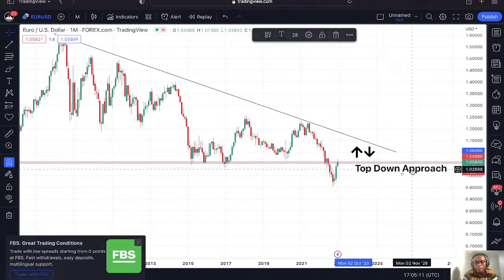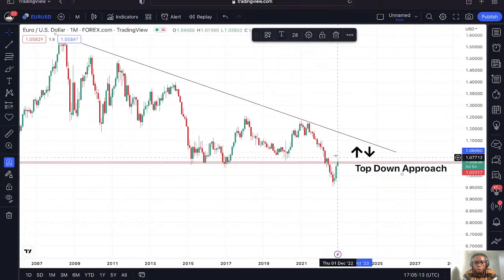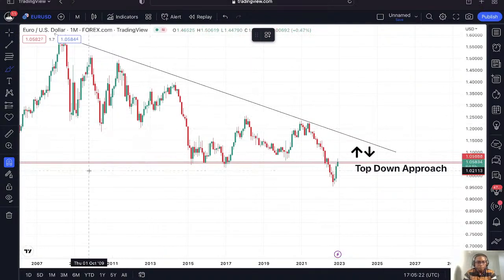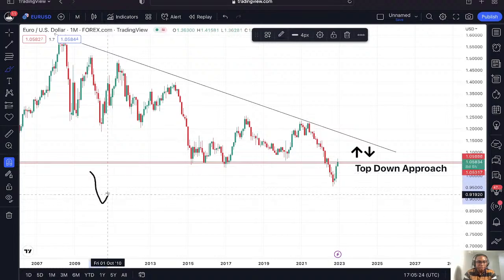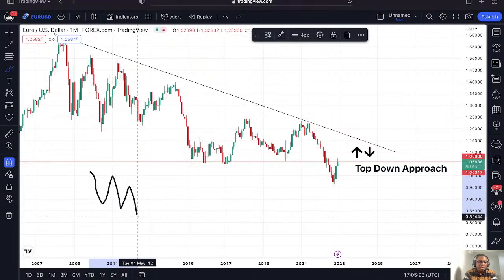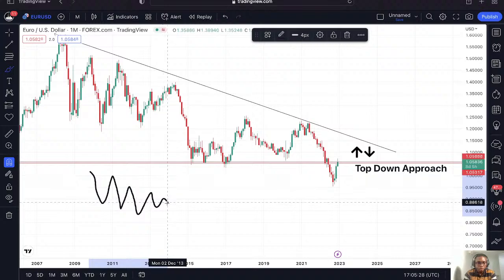If you look closely here, this is what happened. Market has been forming some zigzag towards the downward direction, and finally market broke out of a strong support.